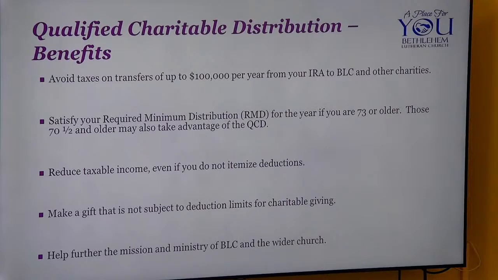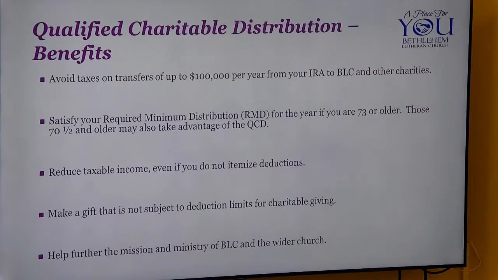But the 70 and a half is still staying. So even if you're not required to take money out of your IRA, you can still write checks out of your IRA to the church, and essentially what you're doing is you're reducing the value of your IRA. It doesn't necessarily give you a tax break, but it gets money out of your IRA that you will probably pay taxes on in the future, okay?